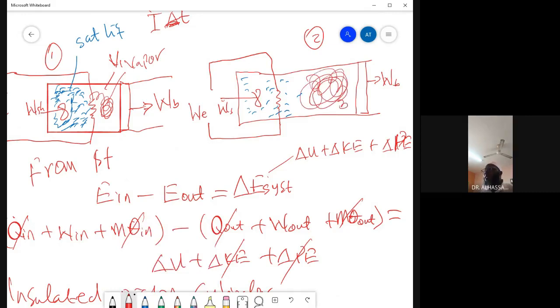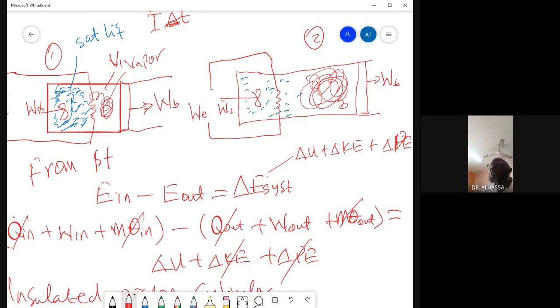But we are told that at the final state, the amount of vapor is 3/4 of the initial. So what does this tell you? It means that is the vapor fraction.